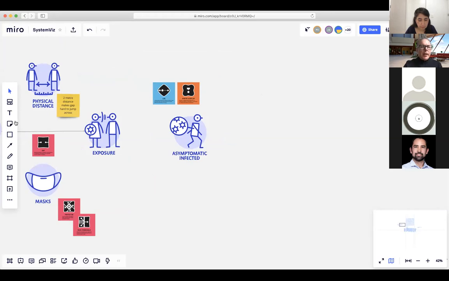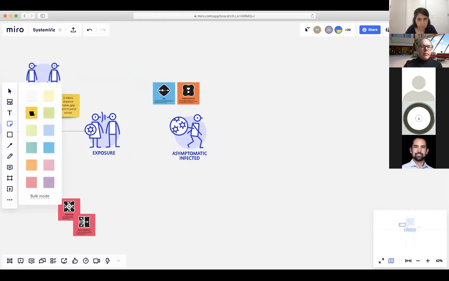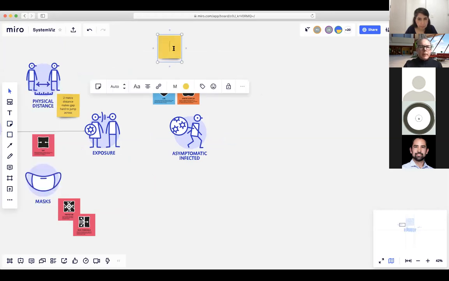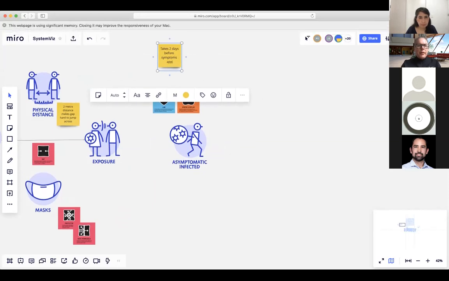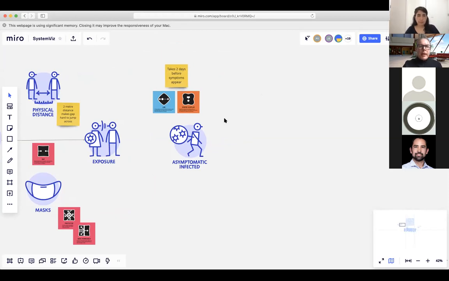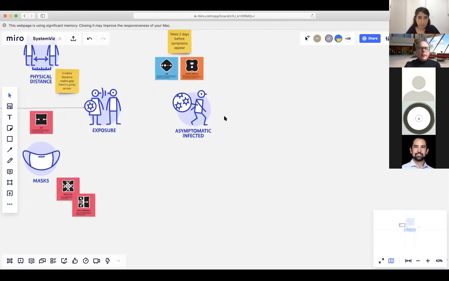And again, we can be annotating this to make it more self-explanatory. Takes 2 days before symptoms appear, in order to make this a little bit more self-explanatory.